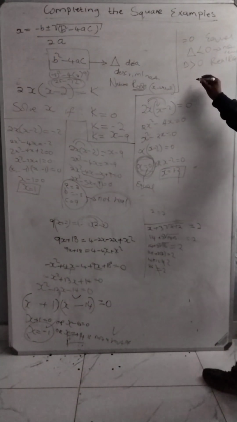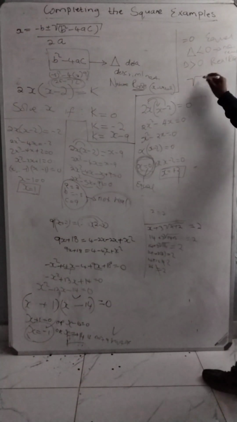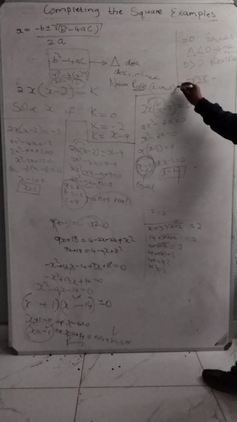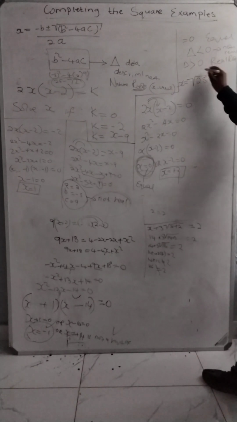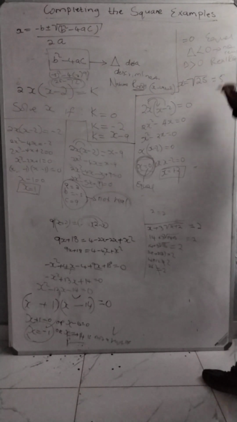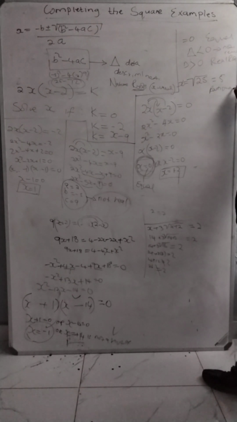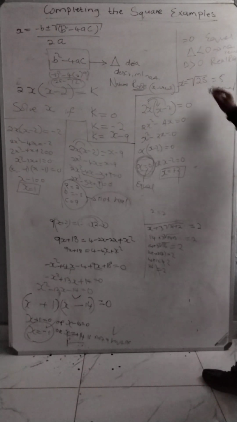So if you have the square root of 25 as the value of x, then your answer is going to be 5. Okay, this is rational. All right, so your roots are rational.